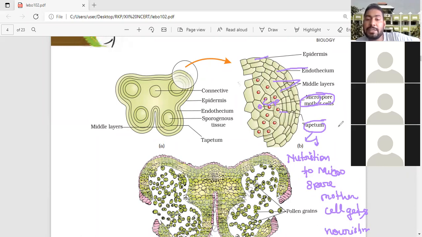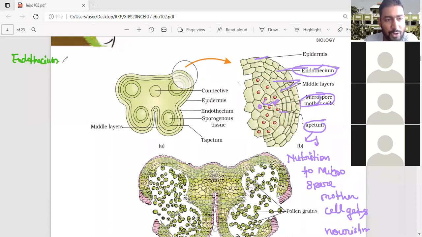You can say tapetum is the nutritive layer which provides nourishment during the development of the pollen grain, the development of microspore mother cells. Okay, epidermis is the outermost protective layer. Endothecium, this layer is involved in dehiscence. Just wait, I will change the color. Now look at the endothecium layer.